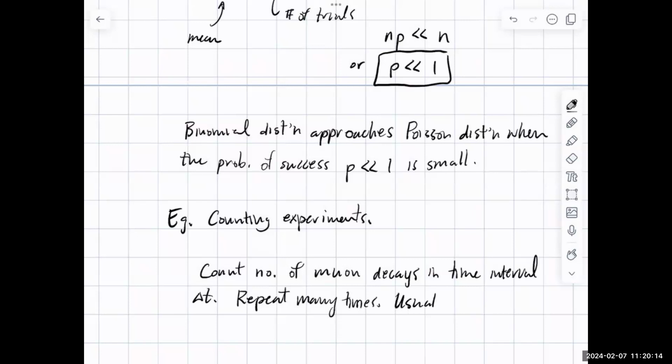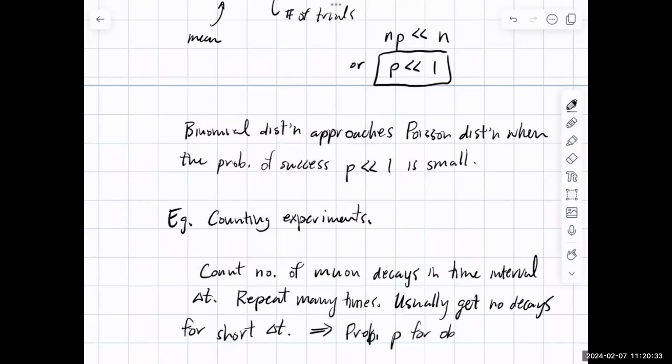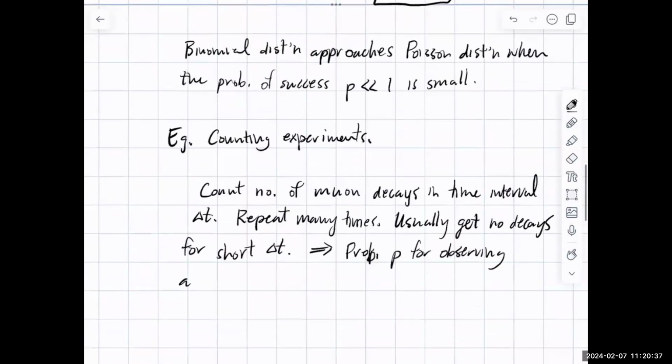We usually get no decays for a short delta t, and so that means the probability p for observing a muon decay is small.